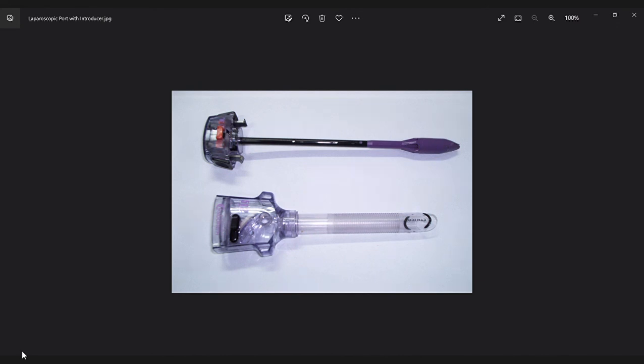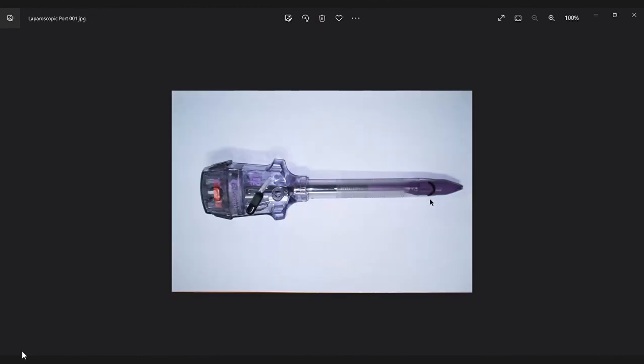Because this is a trocar, and the trocar carries a blade beneath. When it's armed, what will happen is when you put the two pieces together and make an incision in skin, and when you place this on the skin, the pressure will now retract just the tip of the trocar to expose the blade, which means that the blade will now cut through the skin and the layers of the abdominal wall.